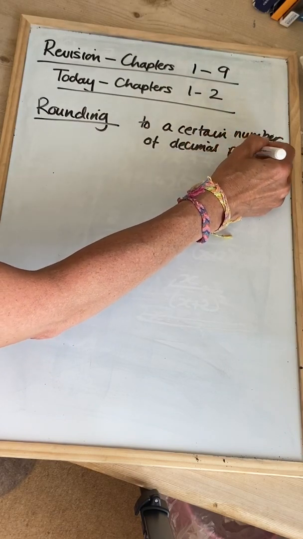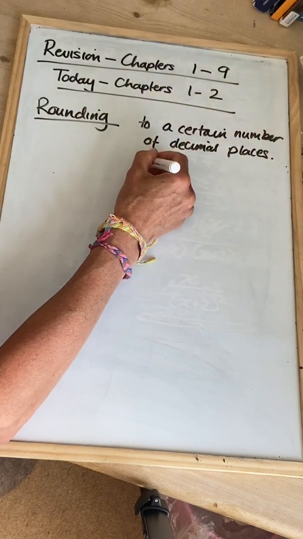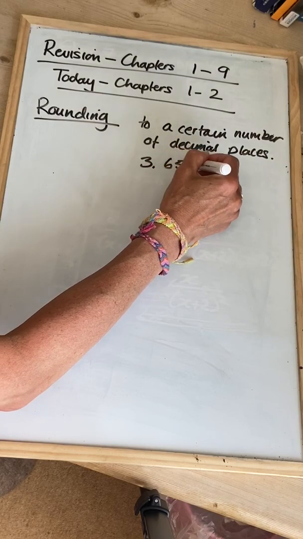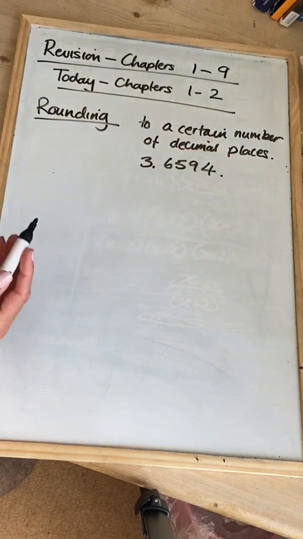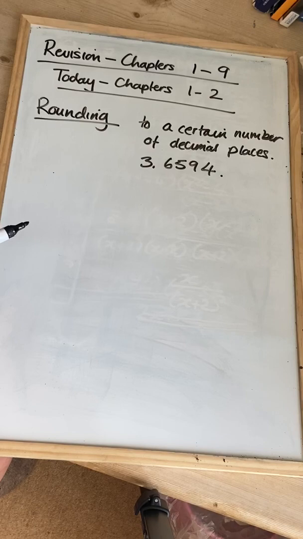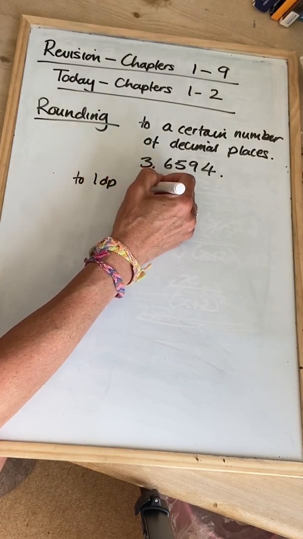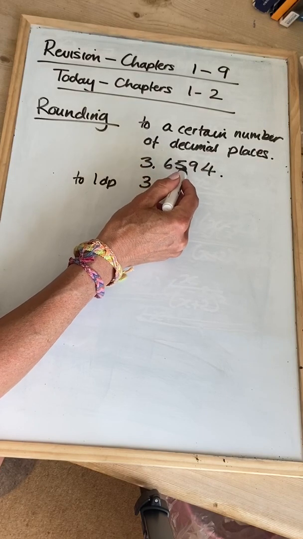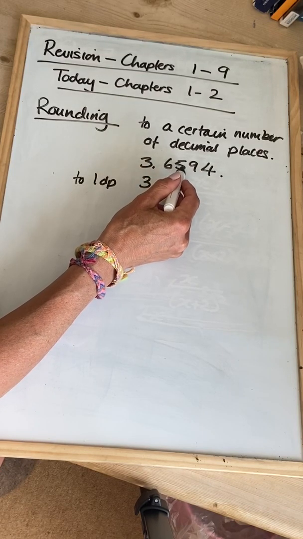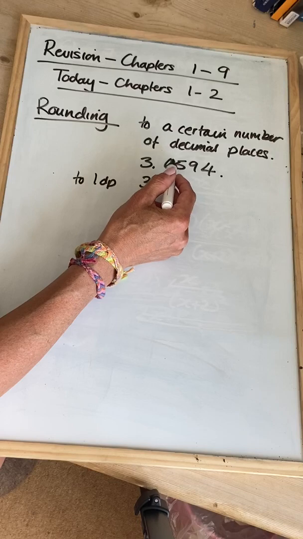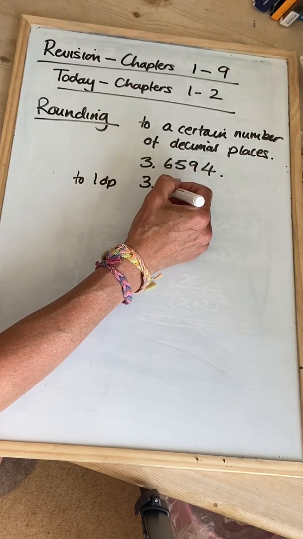So if I had the number 3.6594 and I said, can you round that to one decimal place? You would all go to one decimal place, look at the next one and say that is a 5 or more, so I'm going to round this first decimal place up.